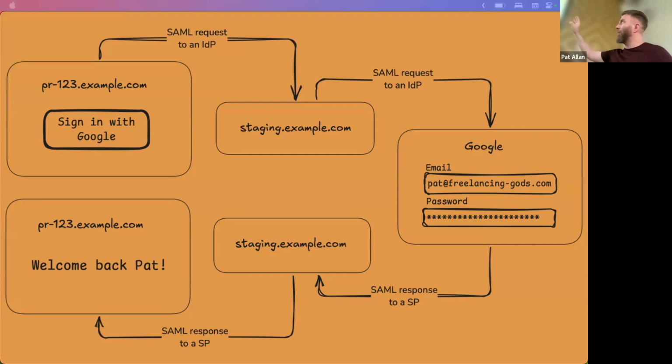But yeah, just from a user's perspective, you're on the PR app, you're on the IDP, you're on the PR app. It goes through staging. You'd have to be keeping a close eye on the URL bar to actually see that happening because it's such a fleeting kind of transition. You're not seeing any HTML on the staging side.